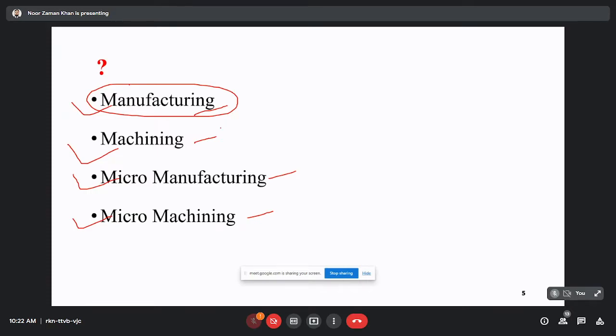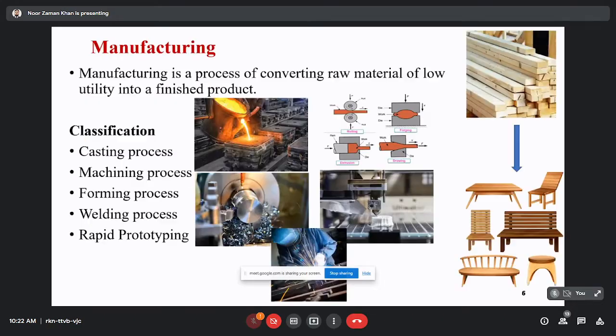Okay, sir, we'll discuss what manufacturing is in the next slide in detail. So if we talk about manufacturing, it is a process of converting a raw material of low utility into a finished product of higher value.